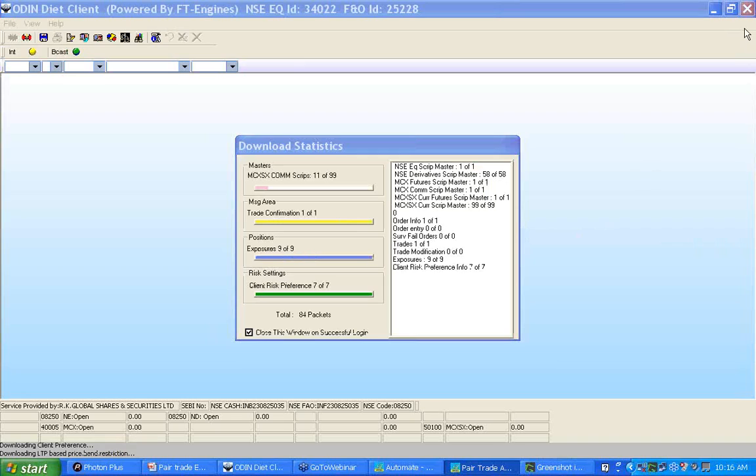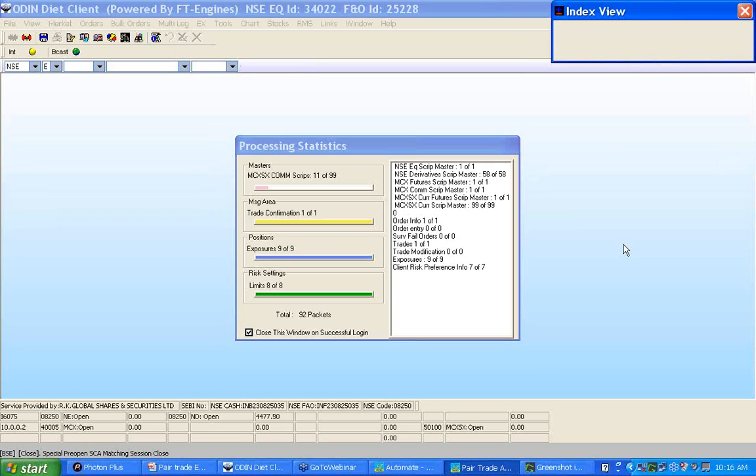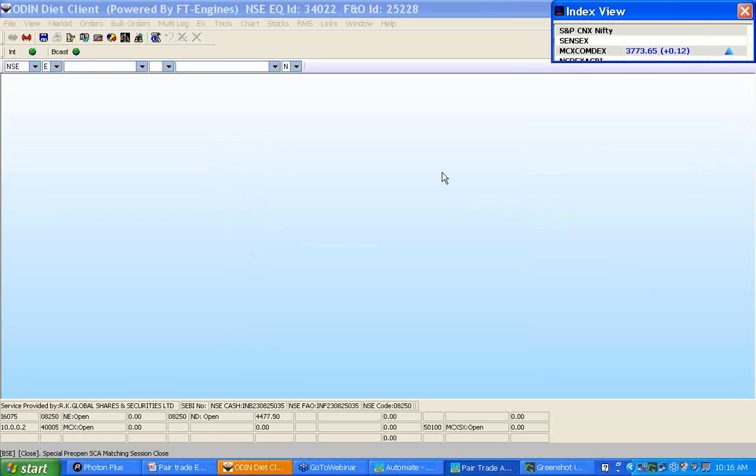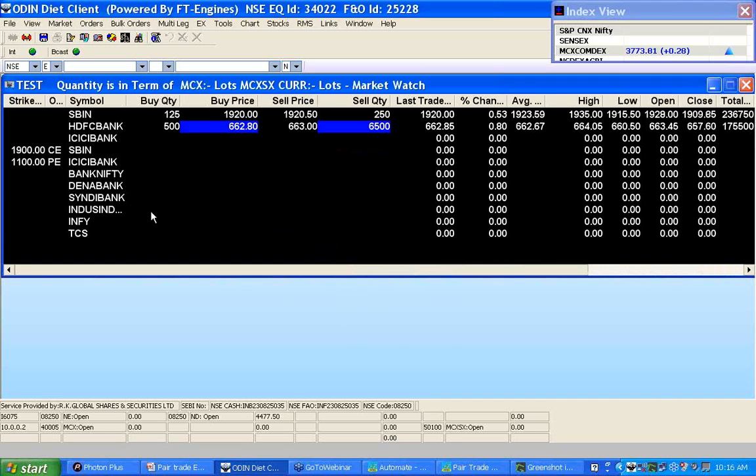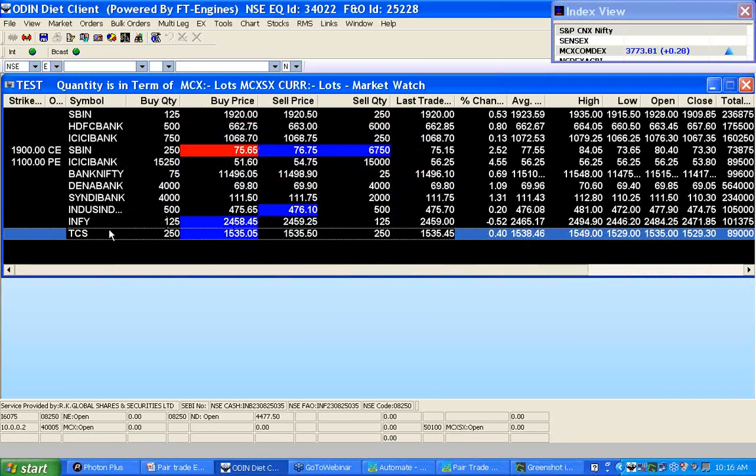I'll tell how to hedge with the options also. Have patience. It is telling that without hedging we can initiate this trade, and we just need to see what price these companies, Infosys and TCS, are trading at.